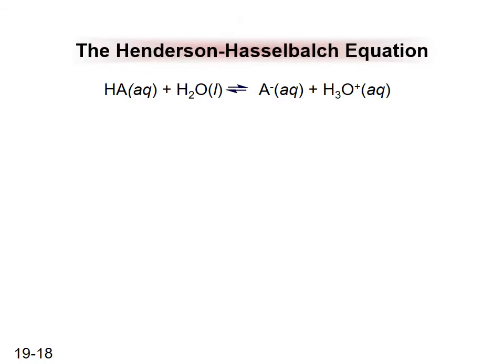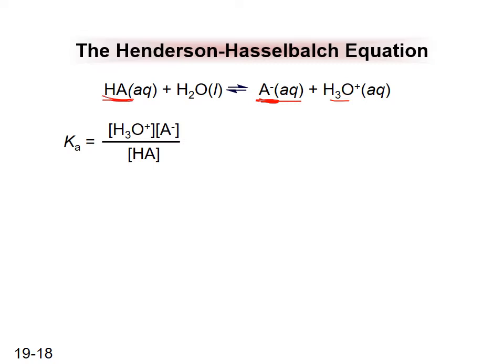We already know that for a buffer solution, the hydronium ion concentration is determined by the ratio of the weak acid and the conjugate base. Now let's derive the equation. We first write the Ka, the acid dissociation constant, which is the hydronium ion multiplied by the conjugate base, divided by the acid.